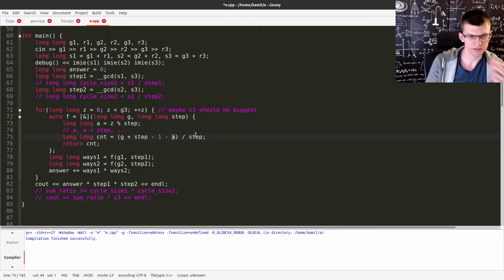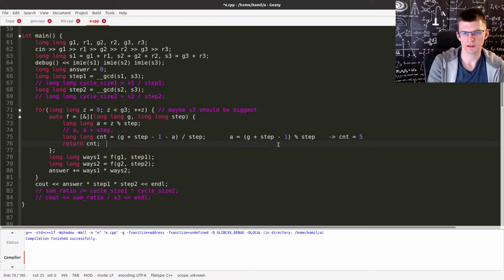The change happens shortly after a is equal to g plus step minus 1 modulo step. When we have this, then when this is true, this count is, let's say, 5, and then when we have smaller by 1, then count becomes 4.